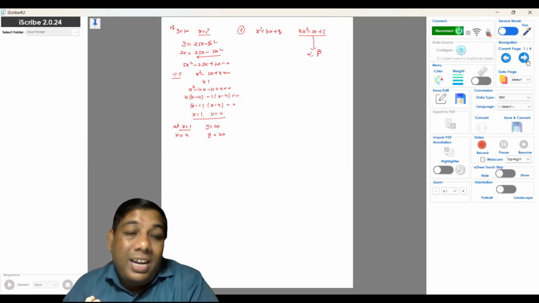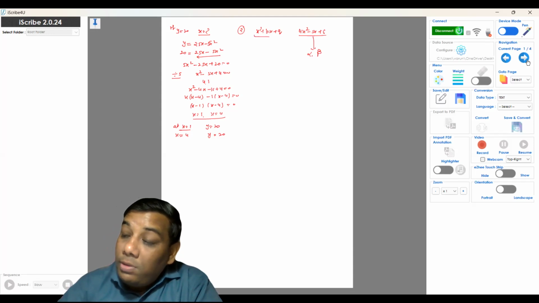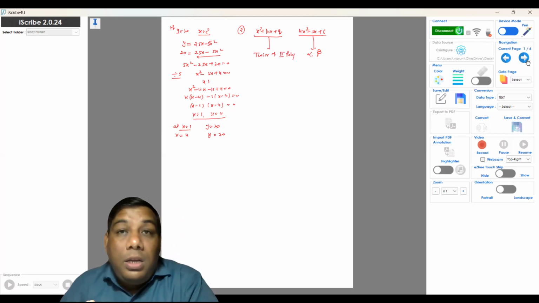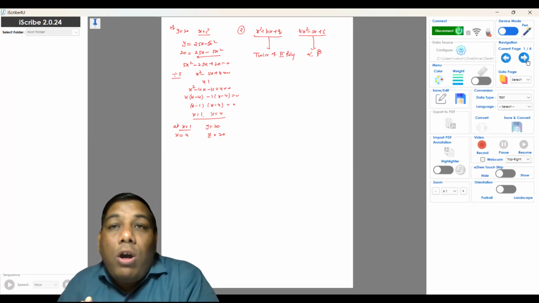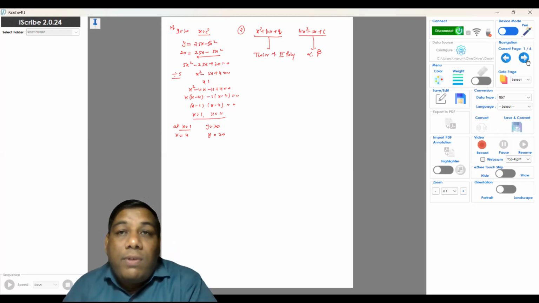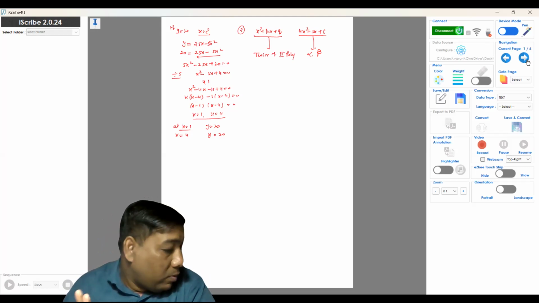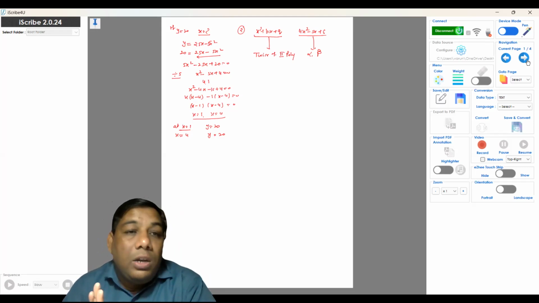Roots of this polynomial are alpha and beta, and the roots of the first polynomial are twice the roots of the second polynomial. That means x square plus px plus q has roots twice the roots of 4x square minus 5x plus 6. Then what is the value of p?